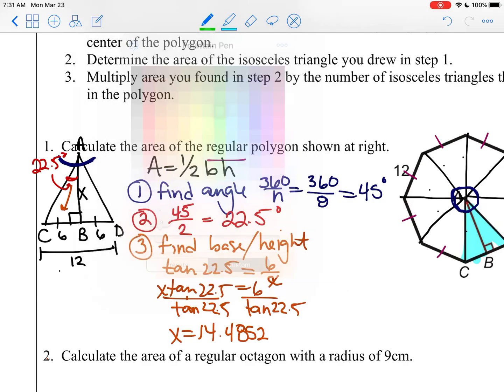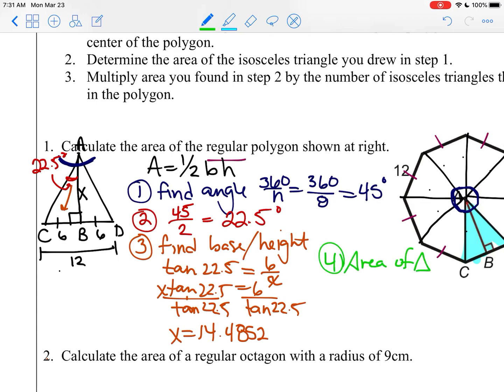The next step is to find the area of the triangle. And that's 1/2 times the base, which is 12, times that height we just found. All right.